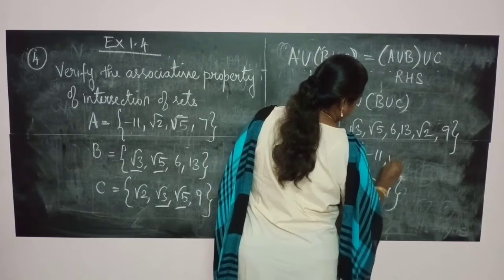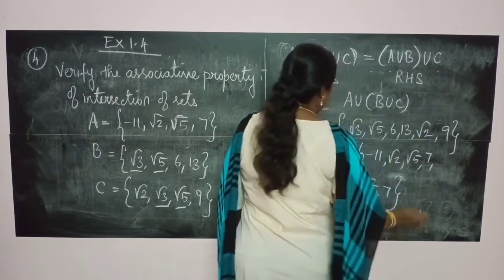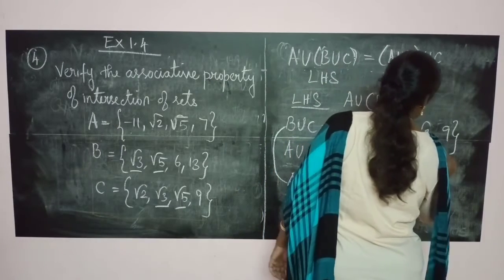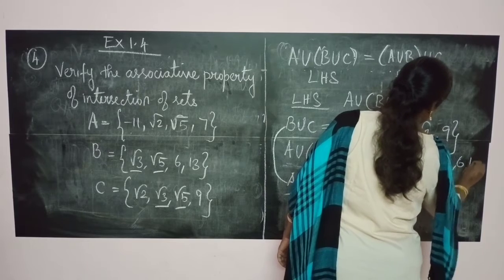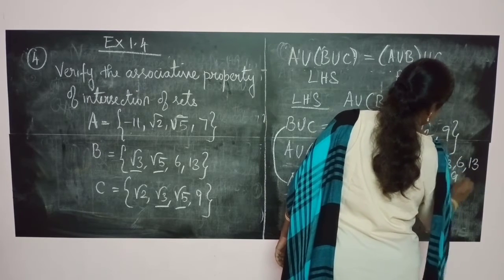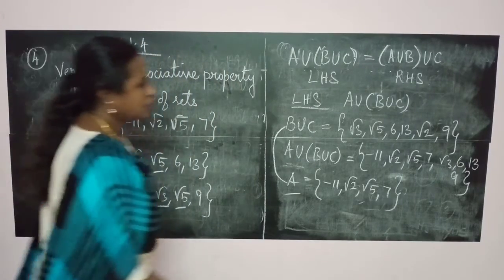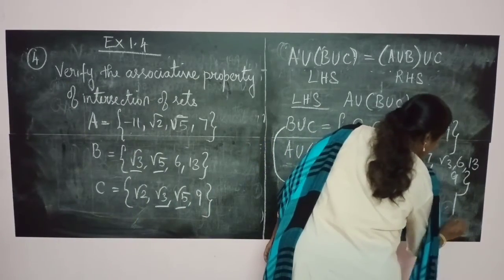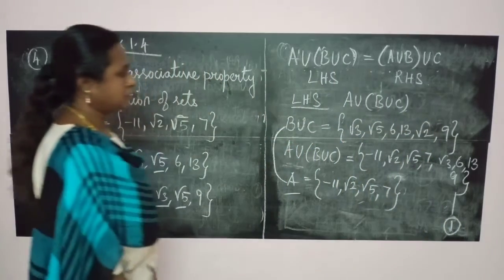Minus 11, root 2, root 5 and 7. So all the elements put together: minus 11, root 2, root 5, 7, then root 3, 6, 9. I will write this one to be 1. Okay.